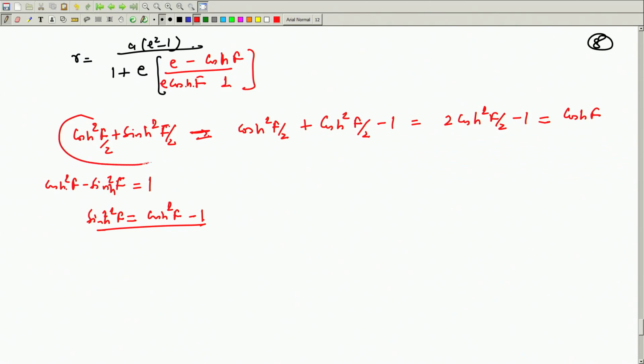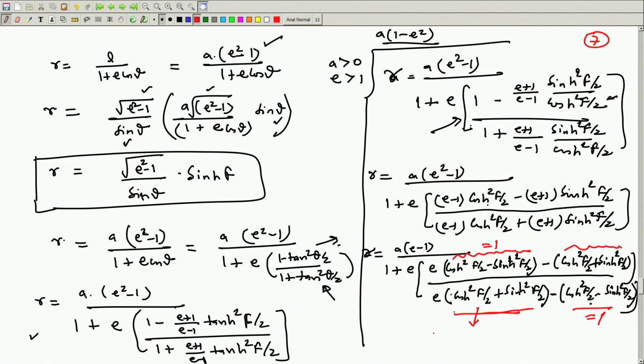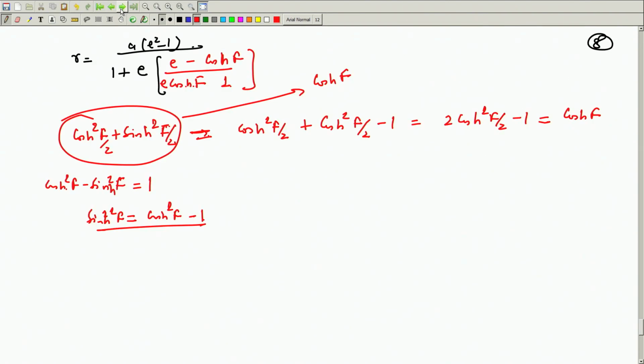So, this term we are replacing by cos hyperbolic f. So, on the previous page this is your quantity cos hyperbolic f, this is cos hyperbolic f. But here with this e is multiplied and therefore we have it in this format, and this is a minus sign here. Okay. Once we have done this, the rest of the steps are not much difficult to work out.